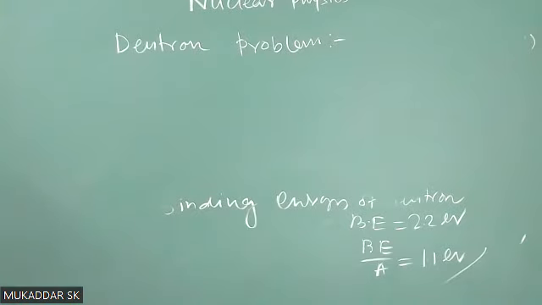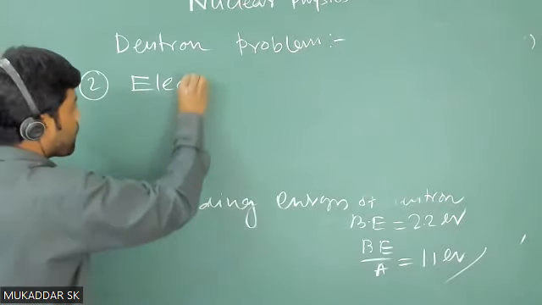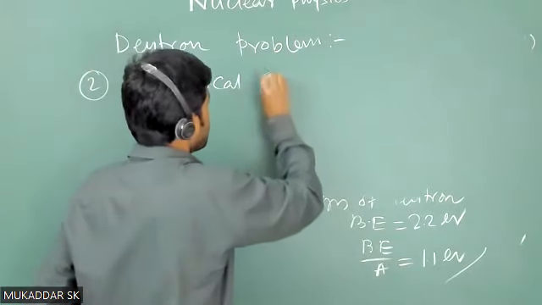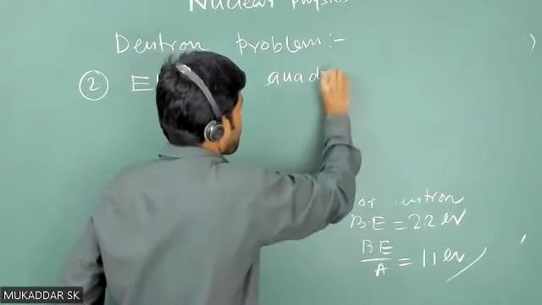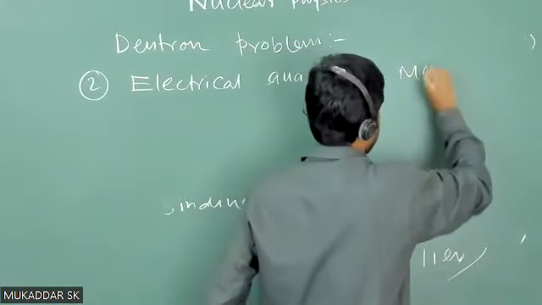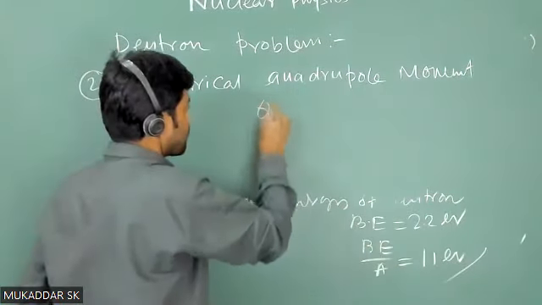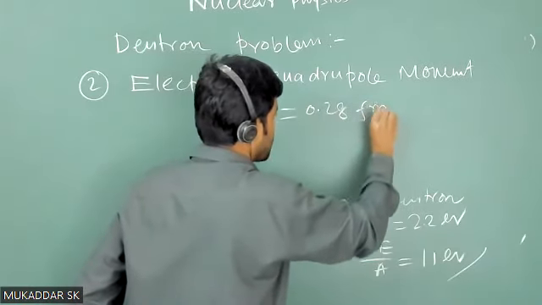The next property: electrical quadrupole moment. Q is 0.28 femtometer square.